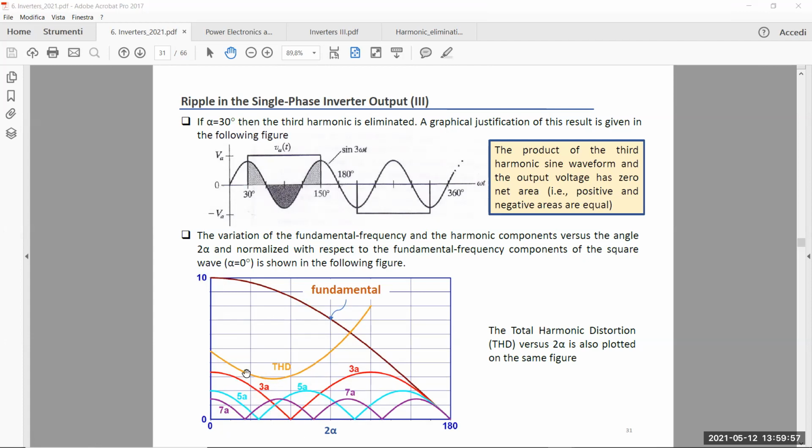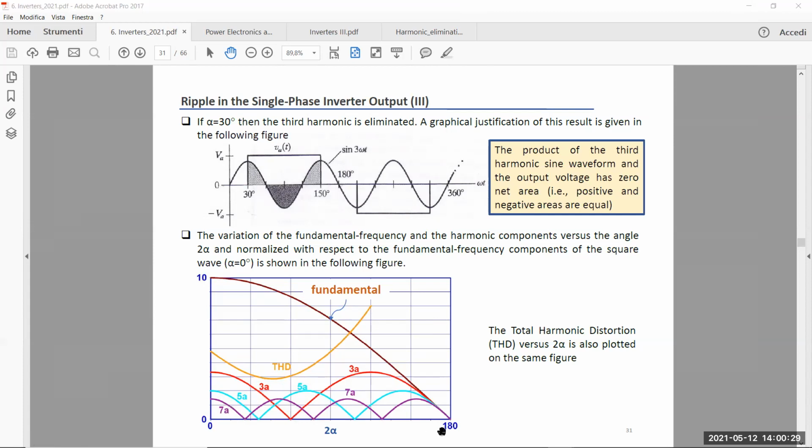When you eliminate the third harmonic, you can see that there is exactly a minimum of the total harmonic distortion. The other curves represent the amplitude of the fundamental component, of the third harmonic, the fifth harmonic, the seventh harmonic, with respect to alpha. With alpha 30 degrees, so 2 alpha 60 degrees, the third harmonic amplitude is null, while we have again the fifth harmonic and the seventh harmonic.